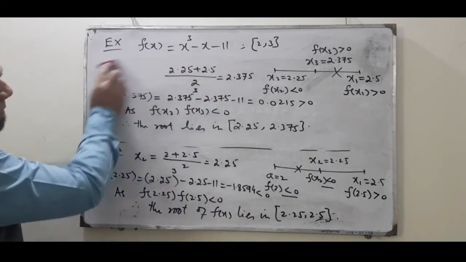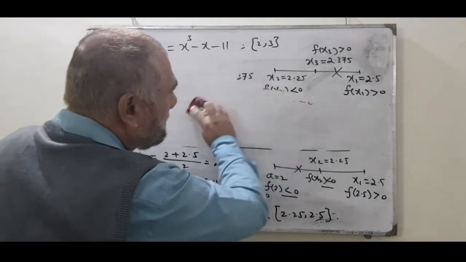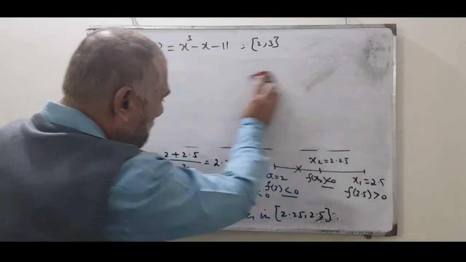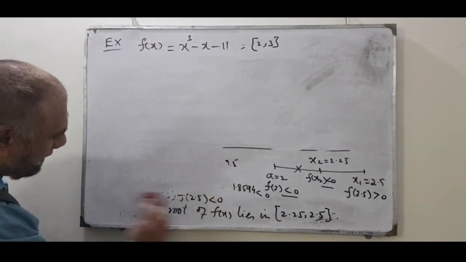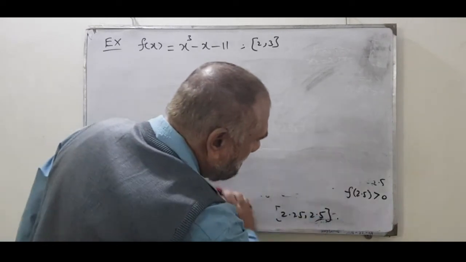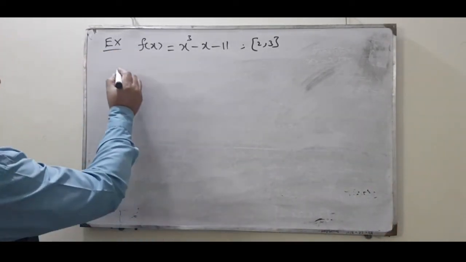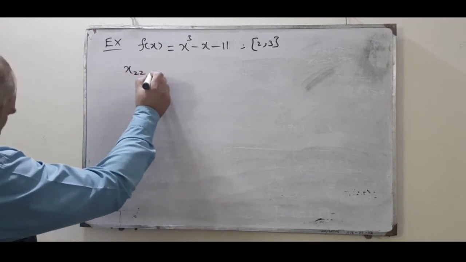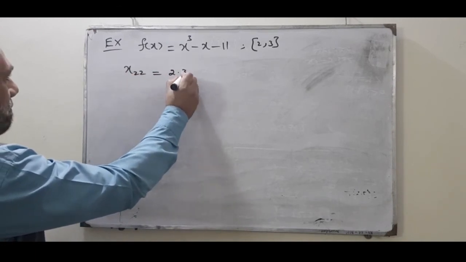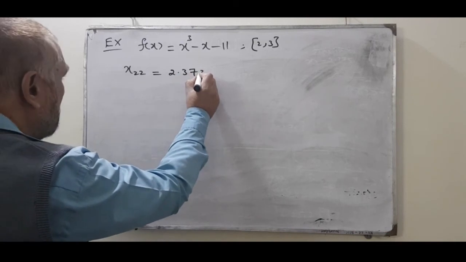Let me write down the result for the 22nd iteration so that you can verify it when you do it at home, and check whether you are getting the same output or not. After the 22nd iteration, the result is 2.3736.